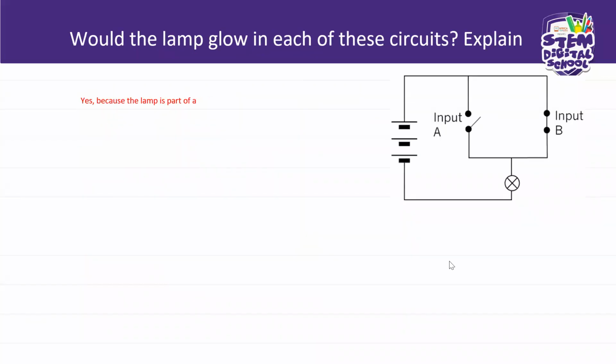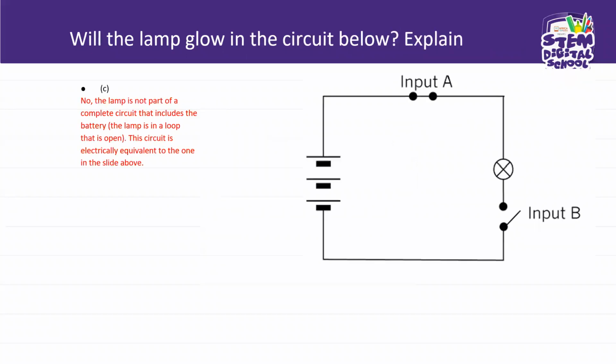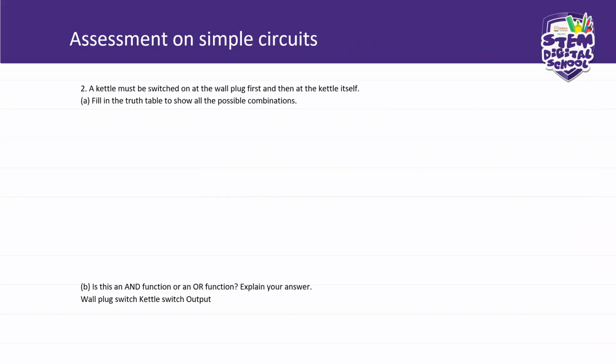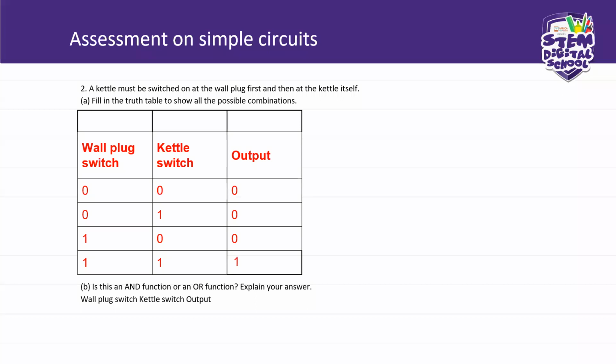Like this one, it's an OR function because this light will be on even if only one of the switches is on. So it's an OR function, but the kettle is an AND function. I want you to understand that, okay? Grade 9? I hope you do.